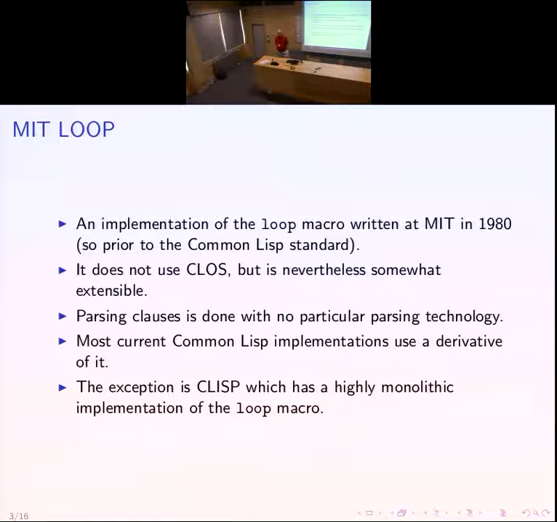In terms of previous work with respect to the loop macro, almost all implementations use a derivative of a loop macro that was written at MIT in 1980. So 1980 is prior to the Lisp standard, so there are certain features of the Lisp language that it doesn't use, for instance CLOS. They did actually try to make it somewhat extensible anyway, in that whenever a clause starts with for, then it branches off to several different functions depending on what follows the for and so forth.